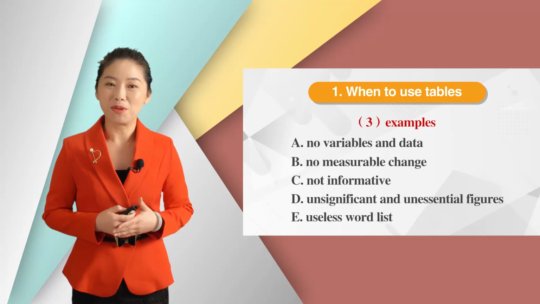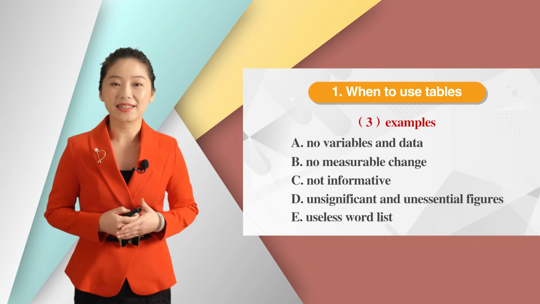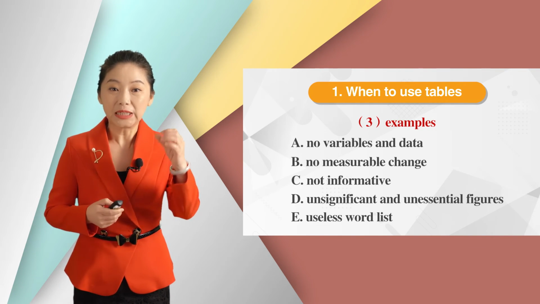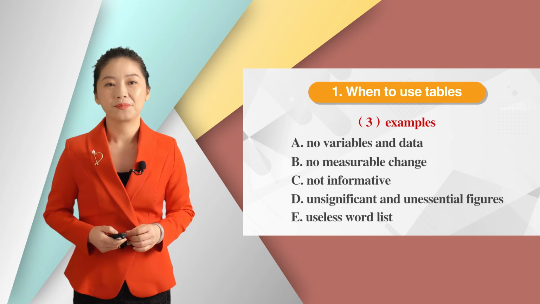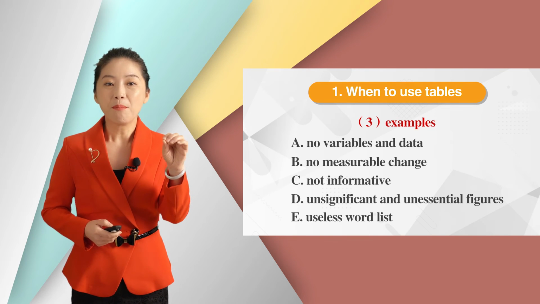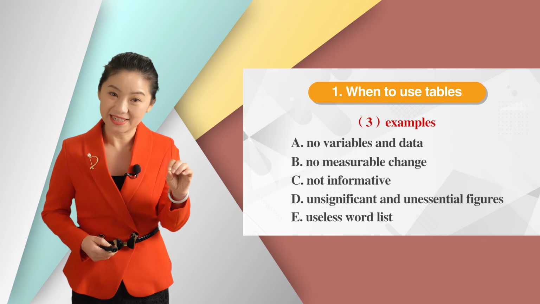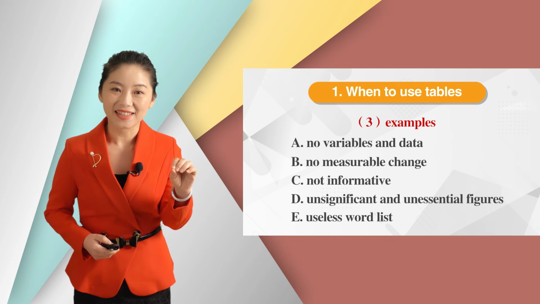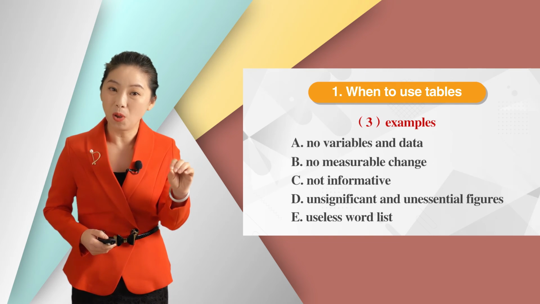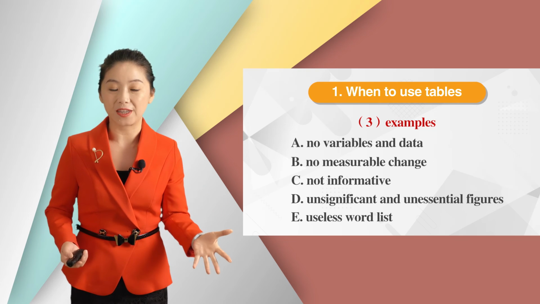Another very common but often useless table is the word list. Such a list might be suitable for a slide in a presentation, but it does not belong in a scientific paper.